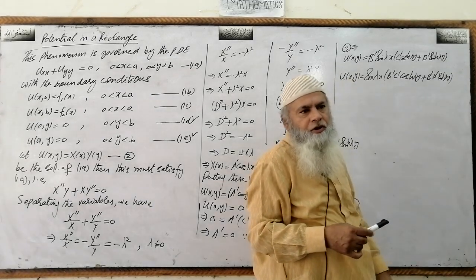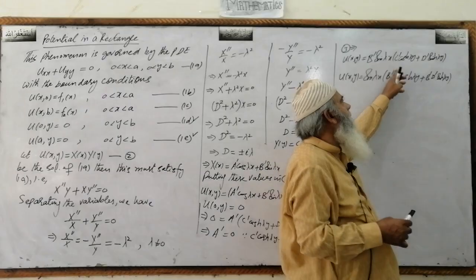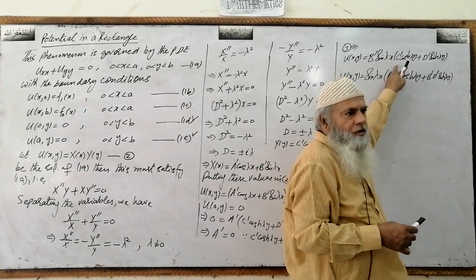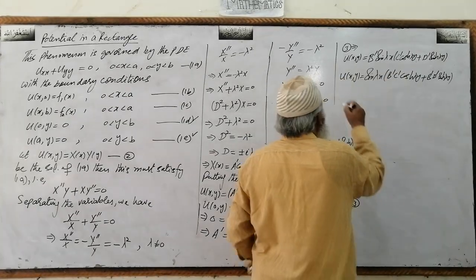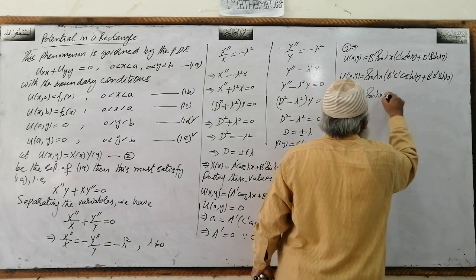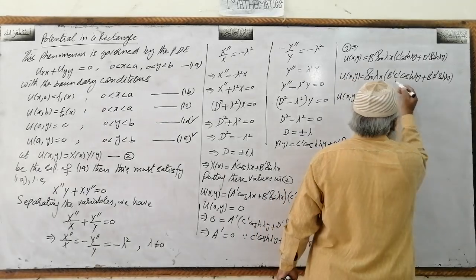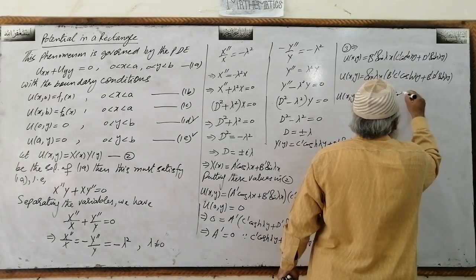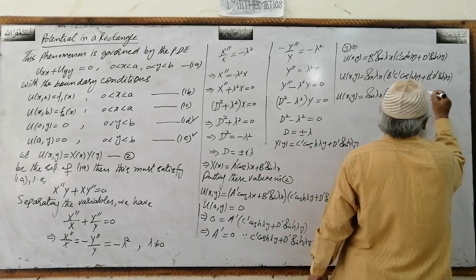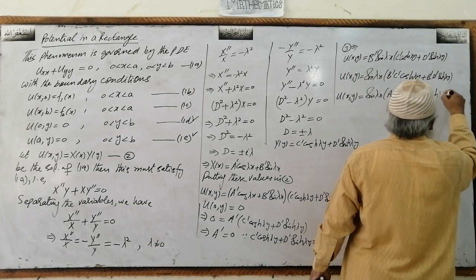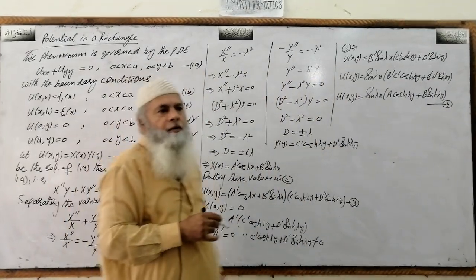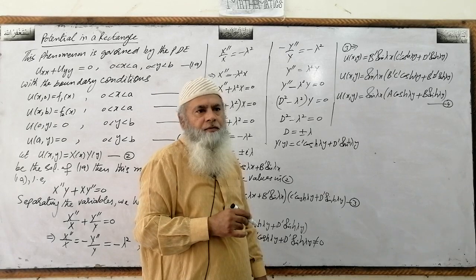Then reducing the number of constants, these become 2 constants, and the final solution becomes u(x, y) is equal to sine lambda x into a cos hyperbolic lambda y, where we label b'c' as constant a, plus b sine hyperbolic lambda y, where we label b'd' as constant b. This is the required solution, in which once again we have to find the values of constants a and b.